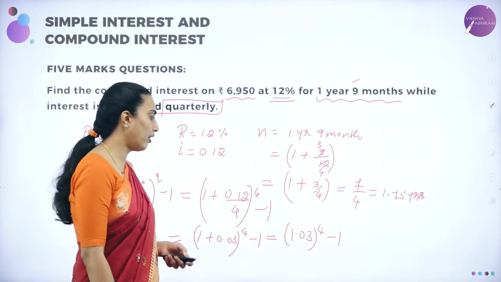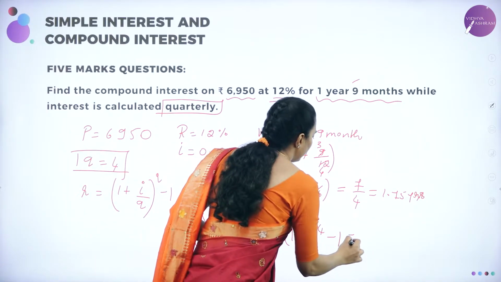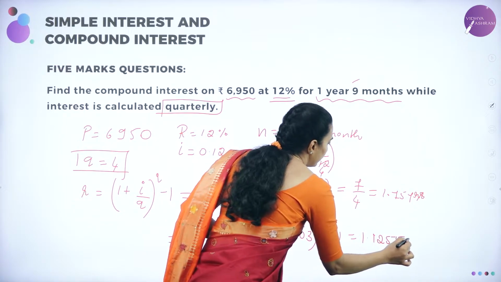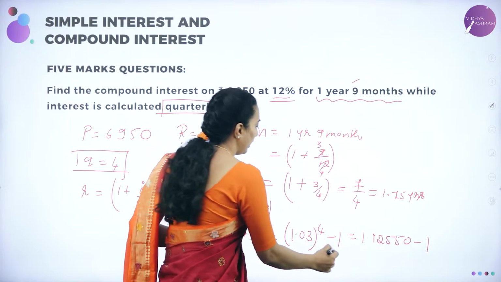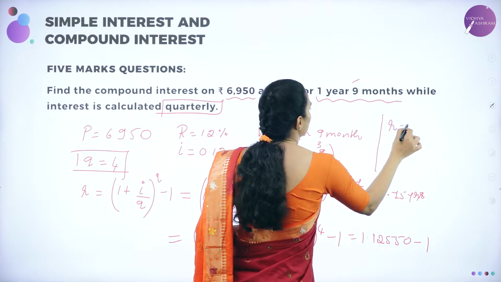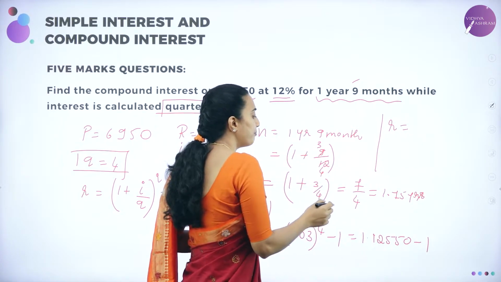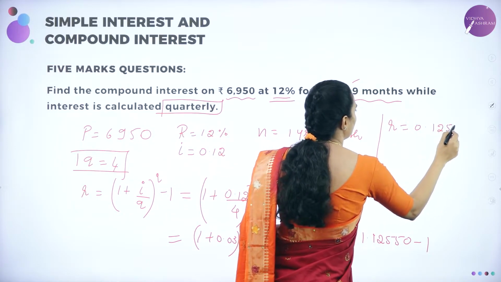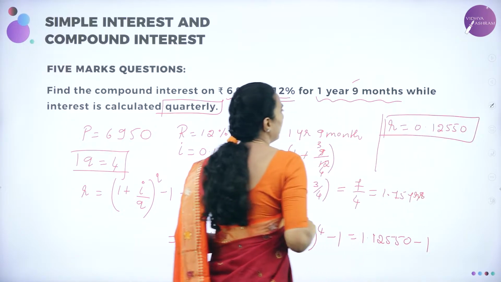You are going to have the answer 1.1255 minus 1, so r is equal to 0.1255. Correct? This is your nominal rate.